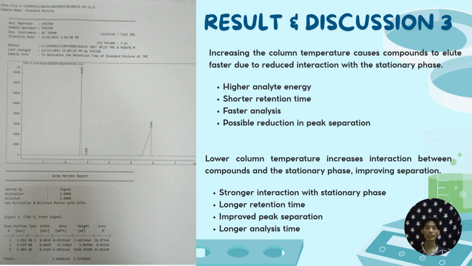When the column temperature is lower, the analytes travel more slowly and interact more with the stationary phase. This gives a longer retention time, but it also improves peak separation and produces clearer, more distinct peaks. So, higher temperature gives faster results, while lower temperature gives better separation.